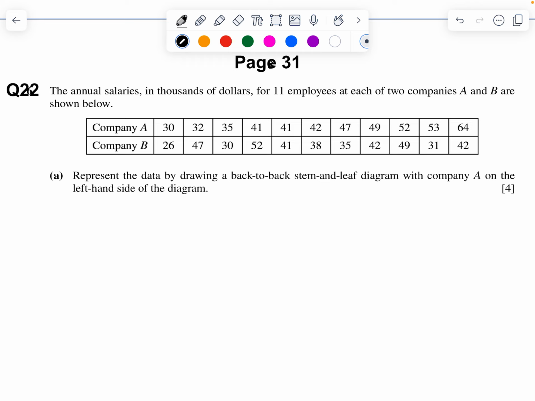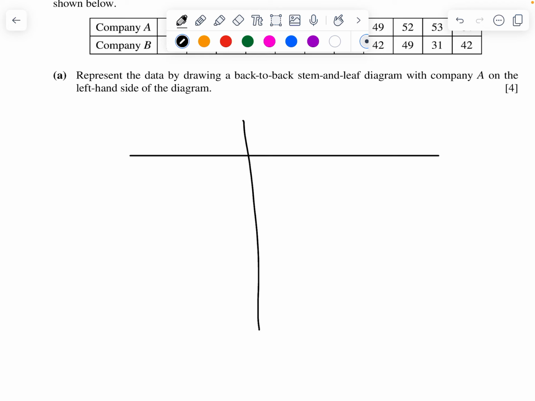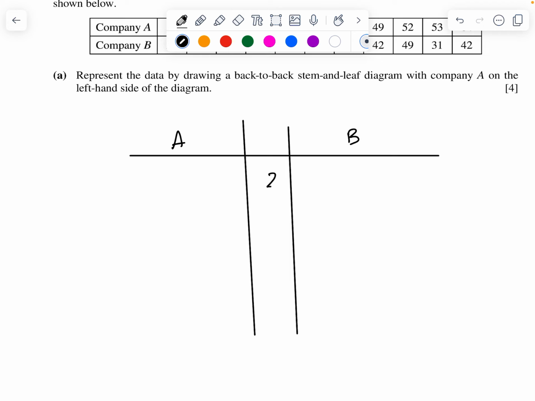So stem and leaf. What am I going to do? I am going to draw the stem first. This is A, B, 2, 3, 4, 5, 6. I am writing it out directly over there.